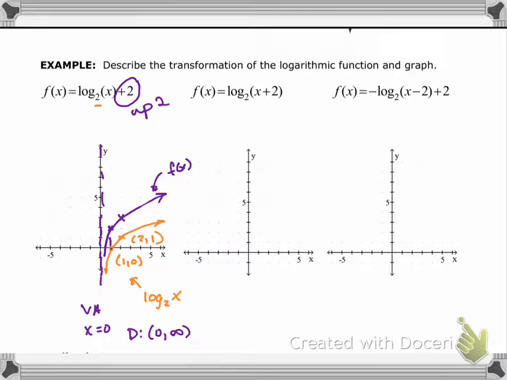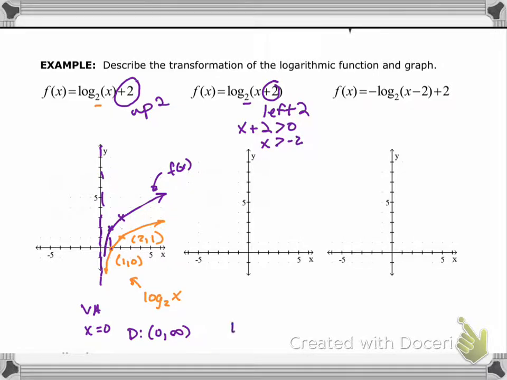Again, base 2, but this time we're adding 2 right in there with the x, so when we add 2, we go left 2, to the negative 2, and that's because x plus 2 has to be greater than 0, so that means x has to be greater than negative 2.